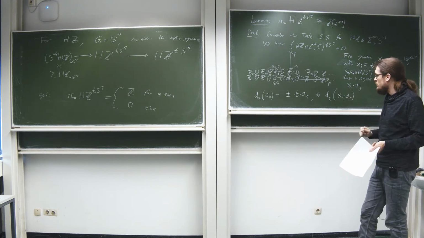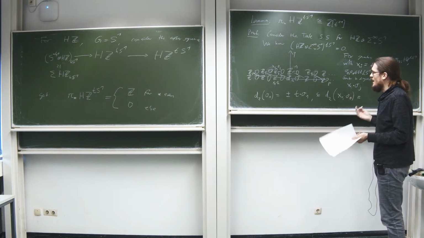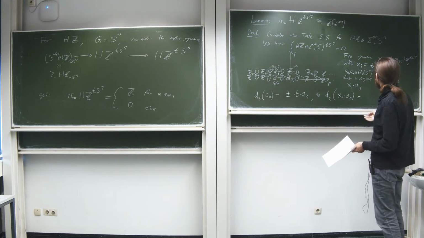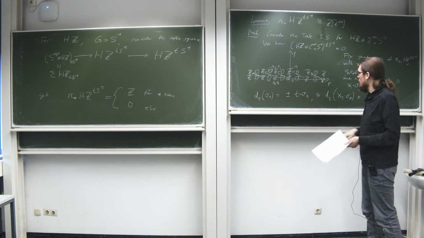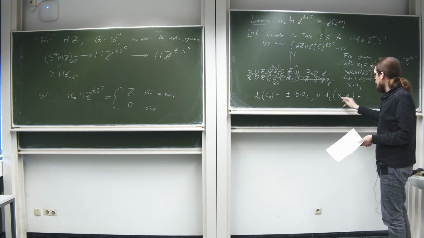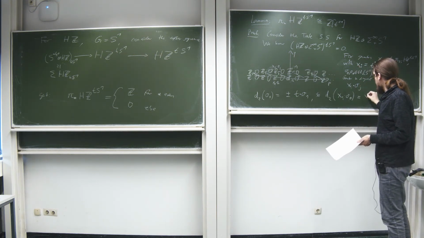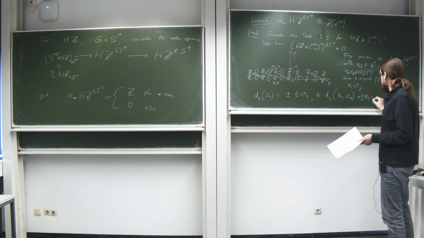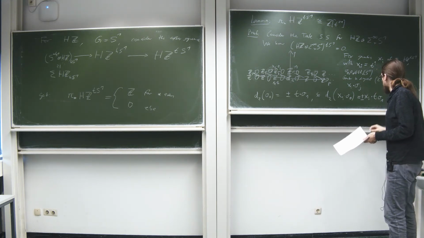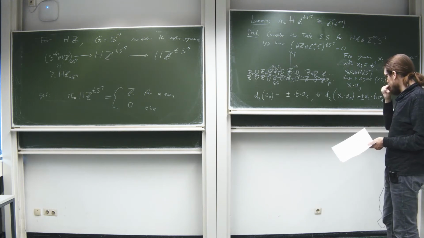So if I use the Leibniz rule, and this is now the Leibniz rule for the pairing between HZ and this guy, then I get xi times, and now d of this. So plus minus xi times t sigma 1.